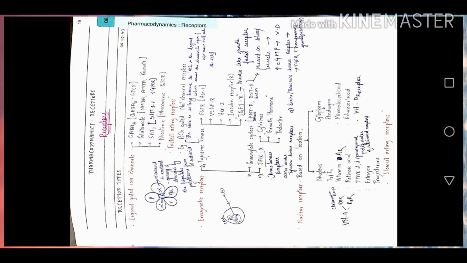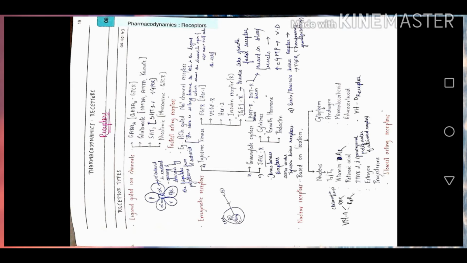So tyrosine kinase receptors are EGFR, that is the epidermal growth factor receptor. It is also known as HER1 receptor. Remember please this. VEGF receptor, vascular endothelial growth factor receptor, HER2 receptor, insulin receptor, IGF-1R receptor, insulin like growth factor 1 receptor. JAK receptor is the subpart of tyrosine kinase receptor.